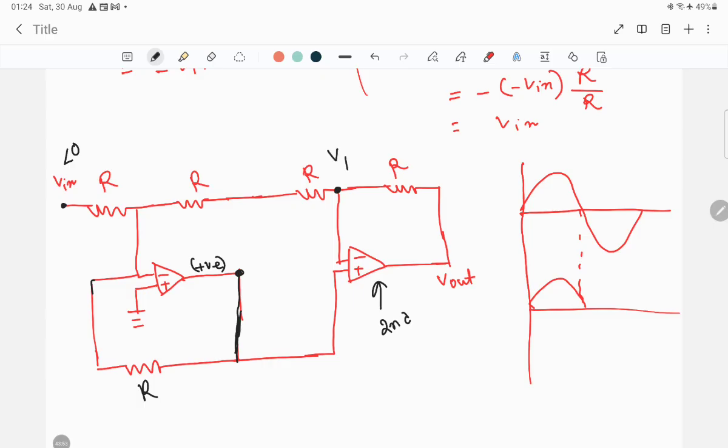As this second op-amp is in the feedback connection, again we will use the virtual ground concept. If V1 is appearing at the inverting terminal, V1 will also appear at the non-inverting terminal. So this is definitely V1 and this is definitely V1.